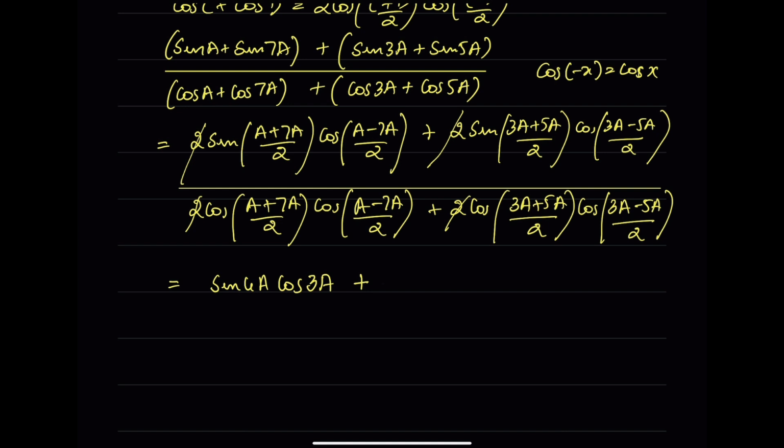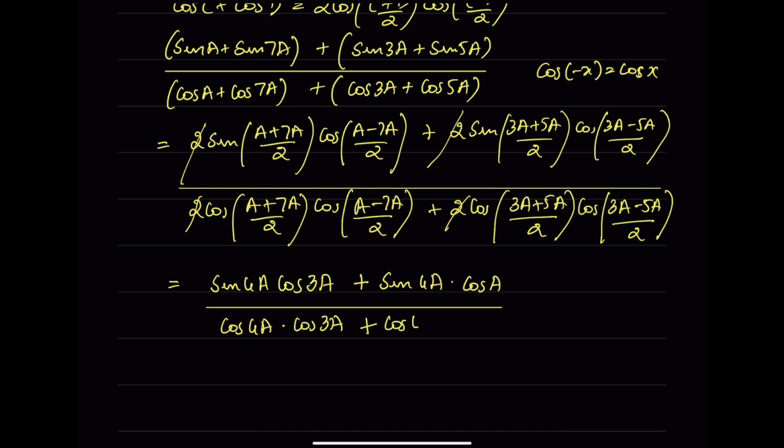Then plus, this will be sin 4A times, this is again 3A minus 5A, which is minus 2A divided by 2. So cos of minus A is cos A. Now the denominator, we would get cos 4A times again cos 3A, because cos of minus 3A is cos 3A.